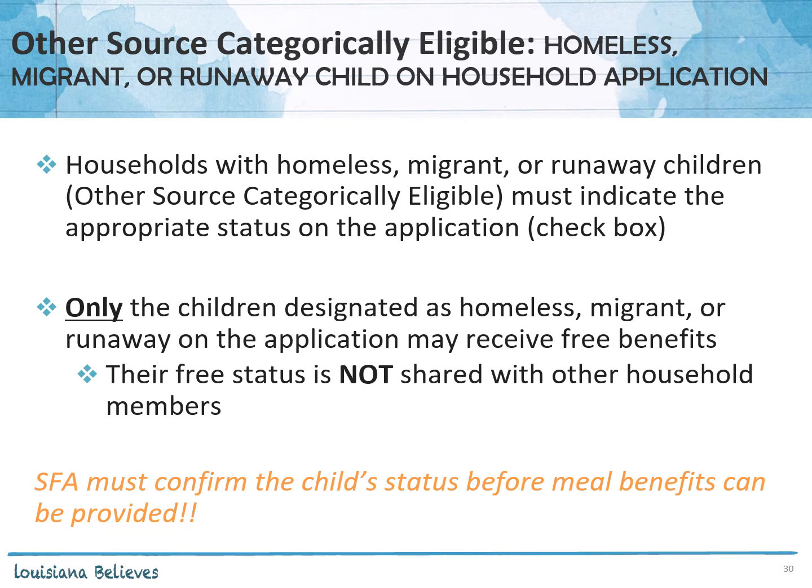If the household submits an application with income and also indicates other source categorical eligibility for one or more children, the LEA must confirm the children's status before meal benefits can be provided. If a household submits an application indicating both income and other source categorical eligibility, and the LEA cannot confirm the children's status, the LEA must process the application using the income information provided.